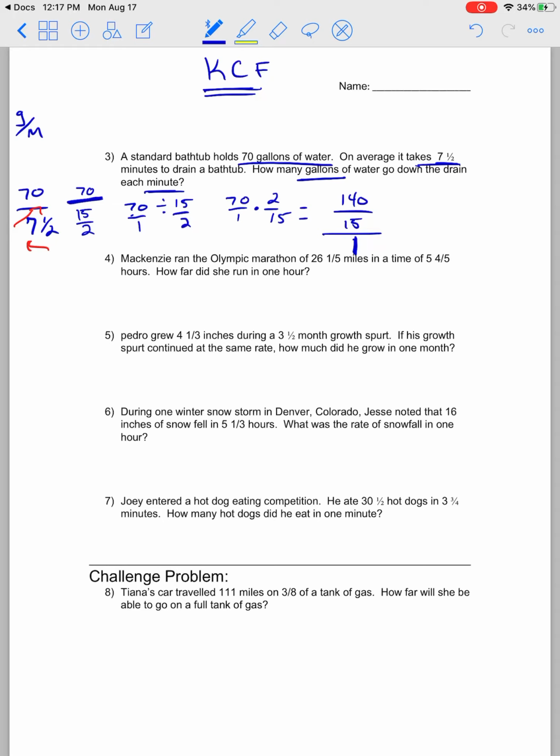Well, I want to know how many gallons it's going to be per minute. Can I divide that? I can, right? I can go 140 divided by 15. And that's going to give you 9 1/3 gallons per 1 minute.